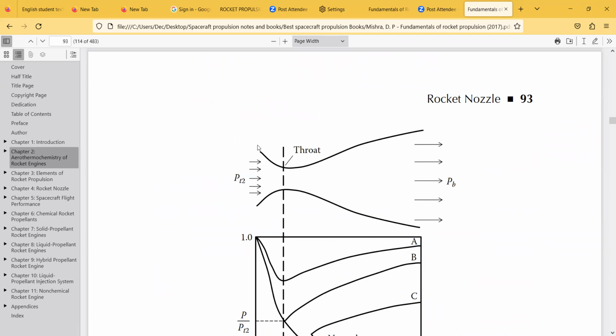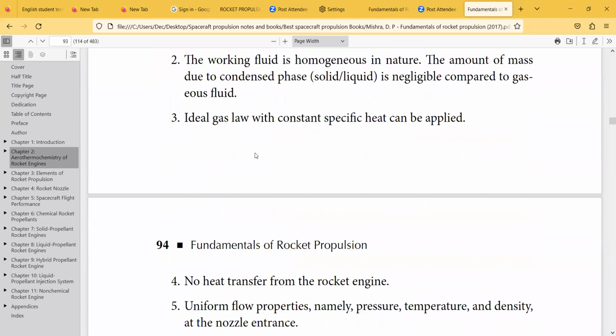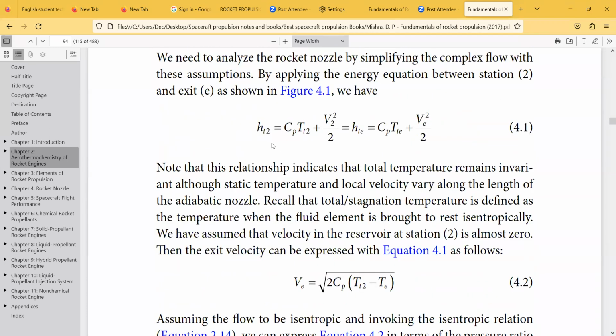Entrance means the hot gas particles are entering the throat through the convergent region. That is known as the entrance region. So whenever you see T2 temperature, that is the entrance region. TE is the exit region.